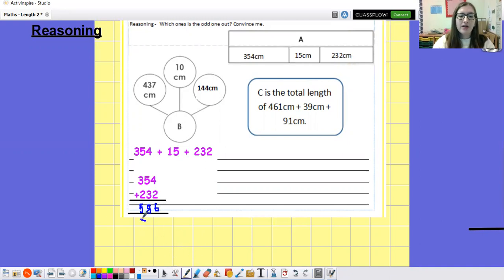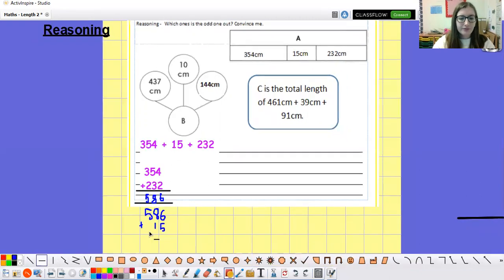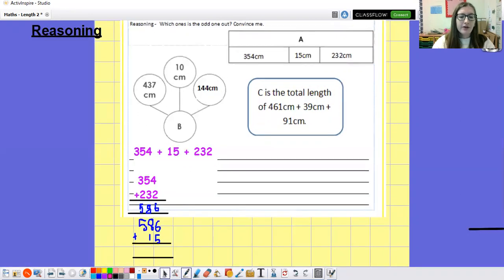I need to take 586, and I need to add what number? I need to add 15. So now I need to add 15. I'm going to make sure I've got my lines. Here we go. Okay, so 6 add 5 is 11.